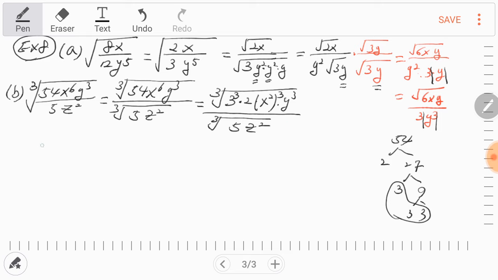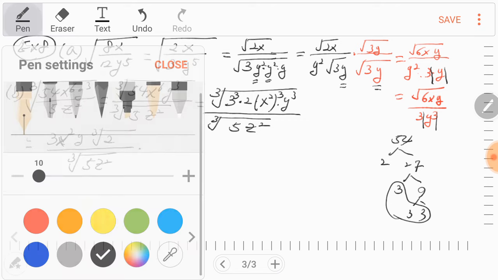So this is equal to, the numerator is, we can take 3 out, and x squared out, y out. So 3 out, x squared out, y out. Then which one is left? The factor 2 is left. Okay, and at the bottom, the denominator is cube root of 5z squared.